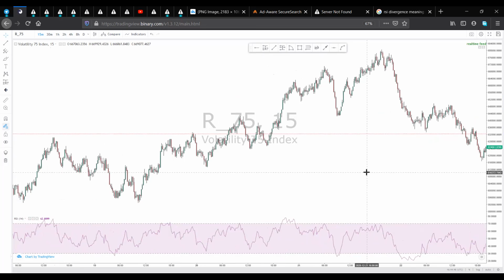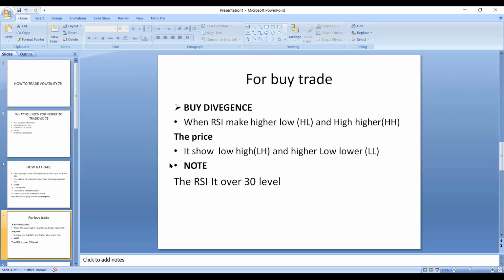For the buy divergence, the RSI is making higher lows and higher highs, but the price is making lower highs and lower lows.